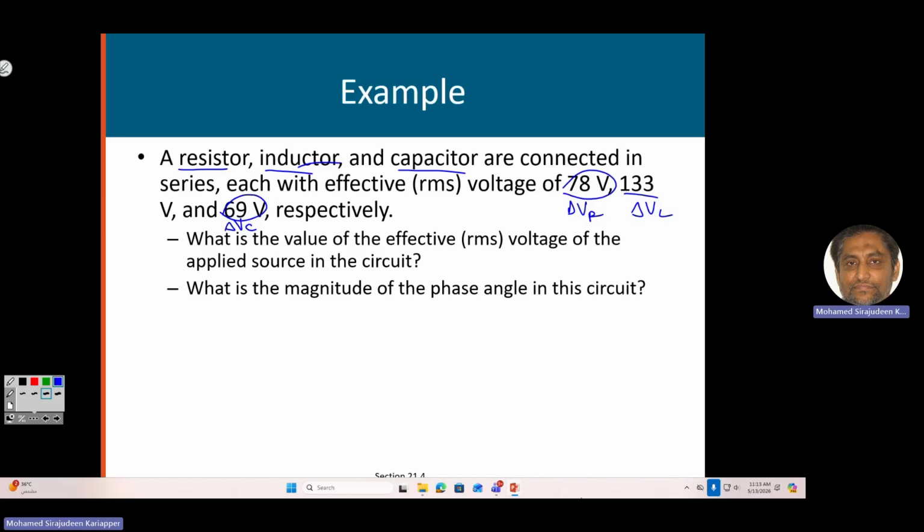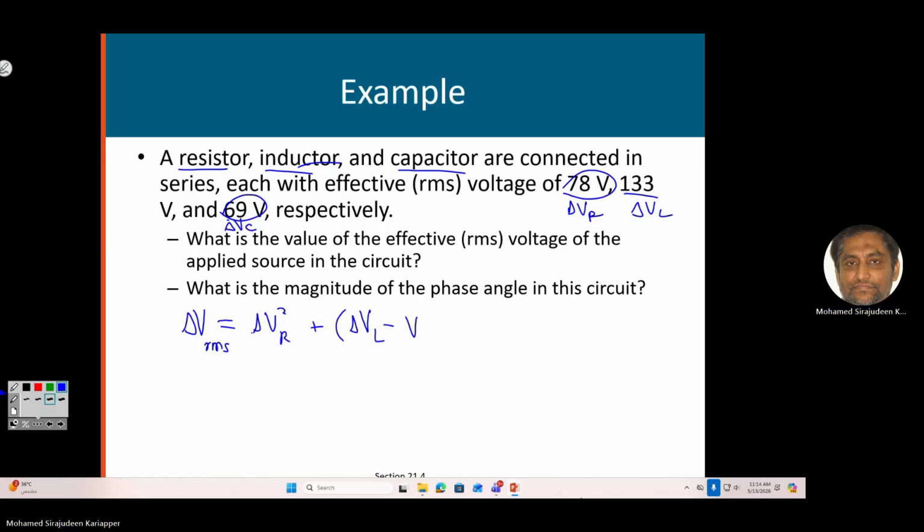The question is, find the total voltage, the maximum value, RMS value. These are all RMS value. I hope you remember the equation. What is in the x-axis is only the resistor voltage, and what is in the y-axis is this.